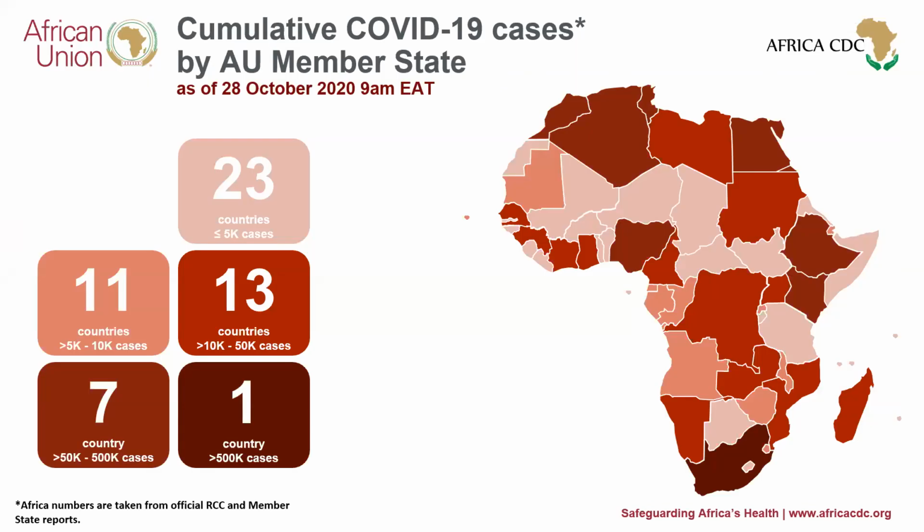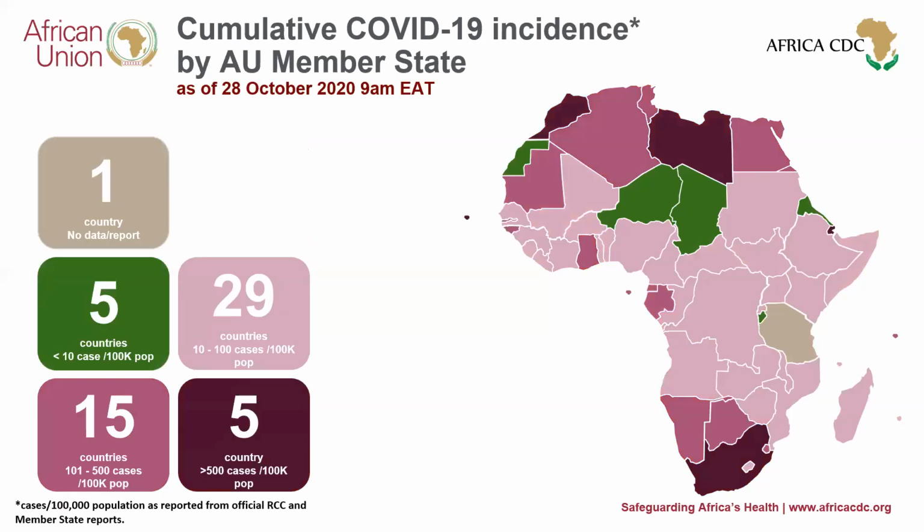This is just looking at cases by number of cases each country has had, and we only have one country on the continent with more than 500,000 cases, which is South Africa, and about 7 countries have between 50 to 500,000 cases. Most of the countries, about 23 of them, have less than 5,000 cases.